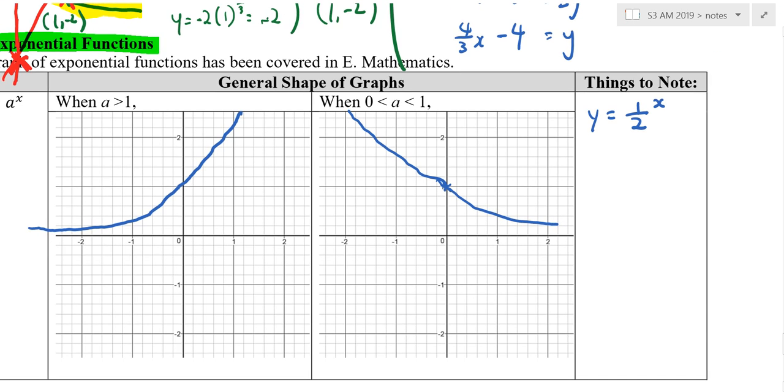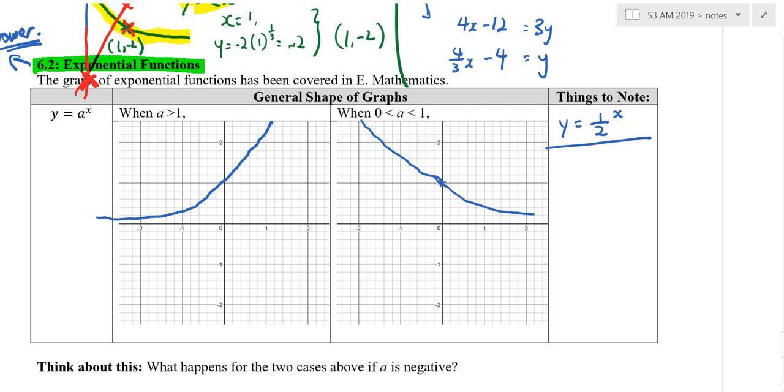Now, can you draw a conclusion here? If A is a decimal, or if A is a fraction, what happens to the graph? Reflect where? Reflect on the y-axis. Whatever is here now, like reflect. The mirror line is the y-axis.